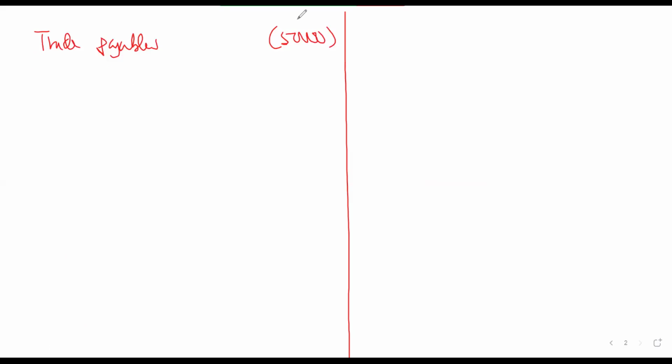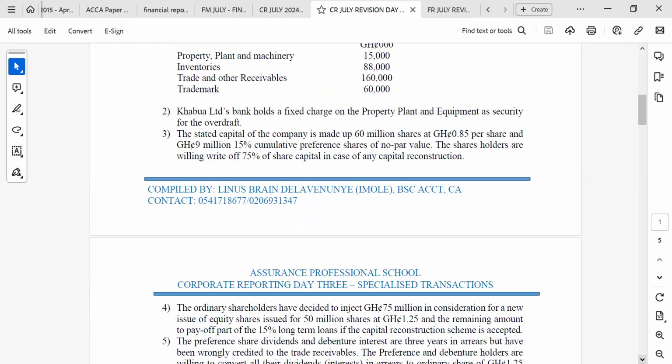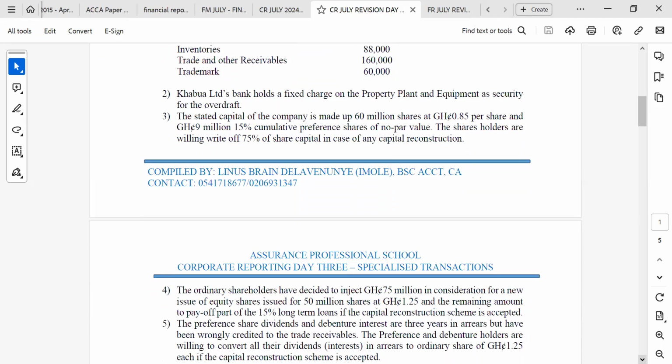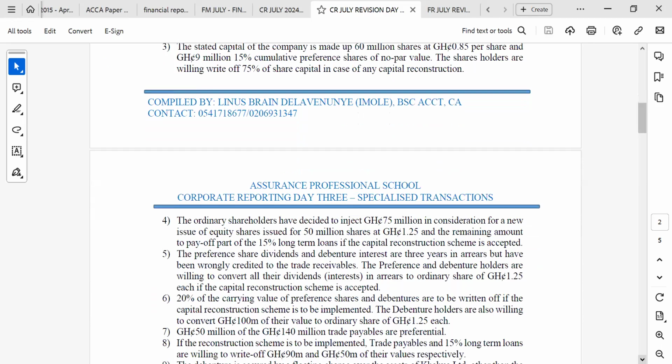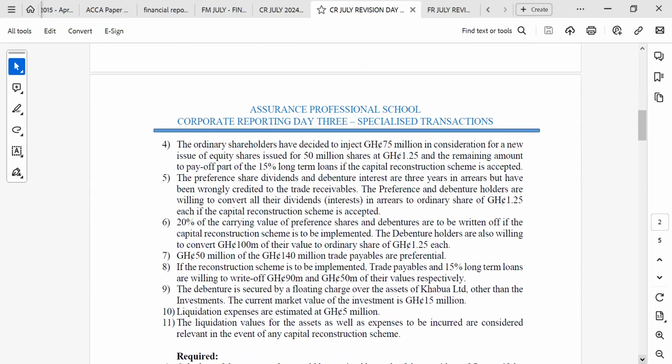Okay. So let's now move on. After the preferential, what will happen? We now look at floating charges, isn't it? Now let's wait to see whether we are having debenture. Okay, the debenture is secured by a floating charge over the assets of Cabo, other than the investment.